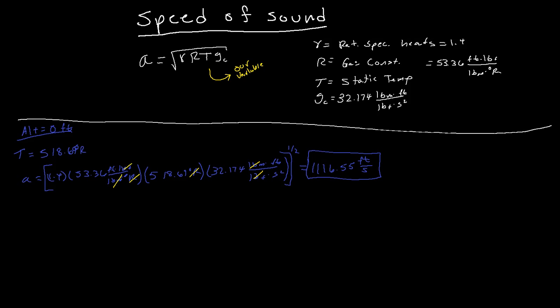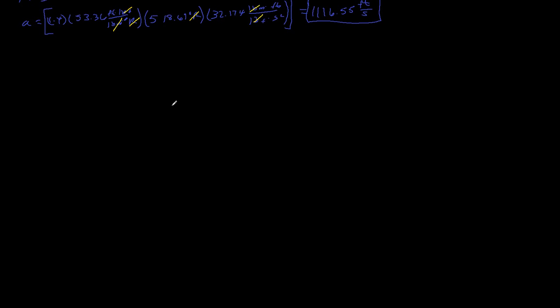Okay, so let's say that we're now at, how about 40,000 feet? Okay, so at 40,000 feet, I have some tables from one of my textbooks, and at 40,000 feet, our pressure is going to be a little bit different.